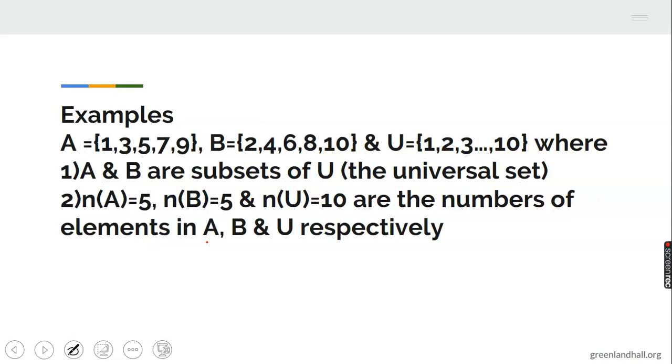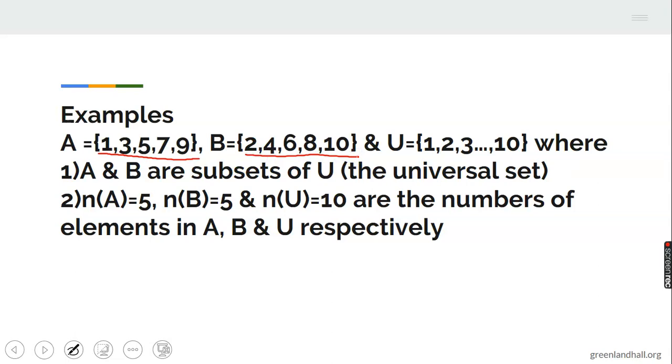Examples. A is the set 1, 3, 5, 7, 9. B is the set of even numbers 2, 4, 6, 8, 10.